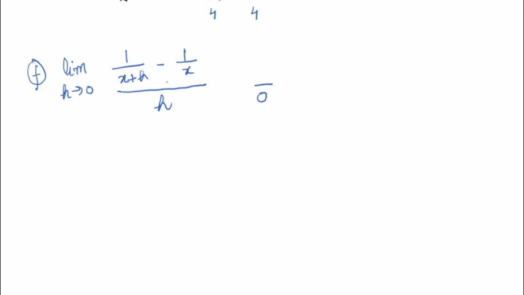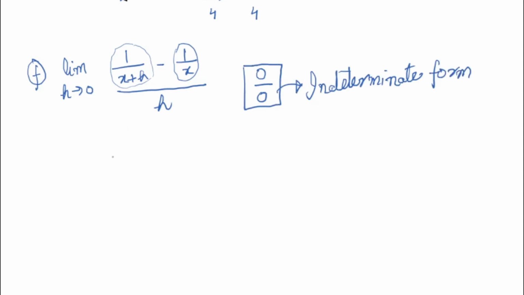In the numerator there is an h term, and that h term is going to 0, and after putting 0 in place of h, this term is going to 1 upon x, and this is also 1 upon x. This is going to cancel out. So this is a 0 upon 0 term, the indeterminate form.